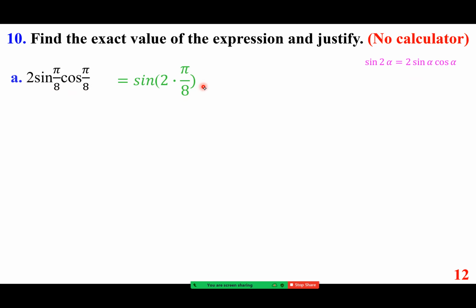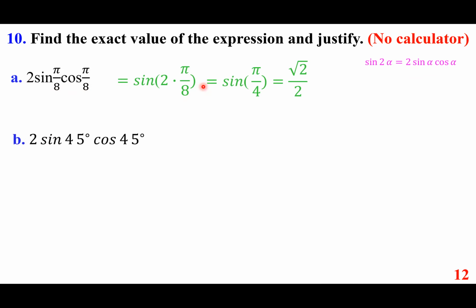And sine of pi over 4 is square root of 2 over 2. Two sine 45 cosine 45, the same thing. It's sine of 2 times 45 degrees, makes it 90 degrees, and sine of 90 degrees is 1.